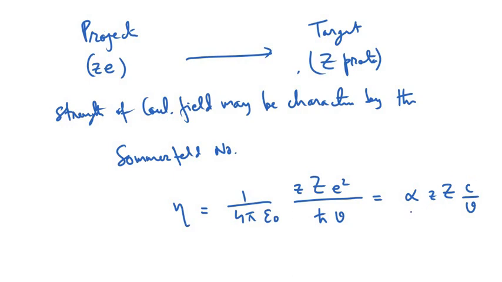Alpha is basically the fine structure constant, okay, and V is basically the velocity with which one particle approaches the other when they are separated by very large distance. Keep this in mind. Okay, now classically let us talk about the distance of closest approach.